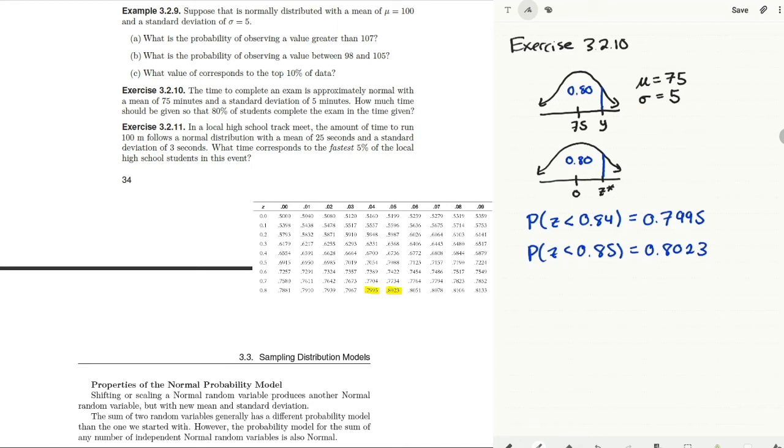So notice that 0.7995 is closer to 0.8 than it is to 0.8023. And so we will choose the closest z-score in this case. So z star is going to be 0.84.